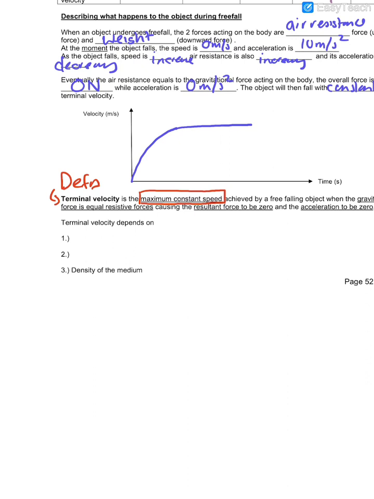Right. If different people have different weight or different mass, it also depends on the mass of the object. So who will reach terminal velocity faster, somebody like Jonathan who is very light, or somebody who is very heavy? Light. The light one will reach terminal velocity first, right?